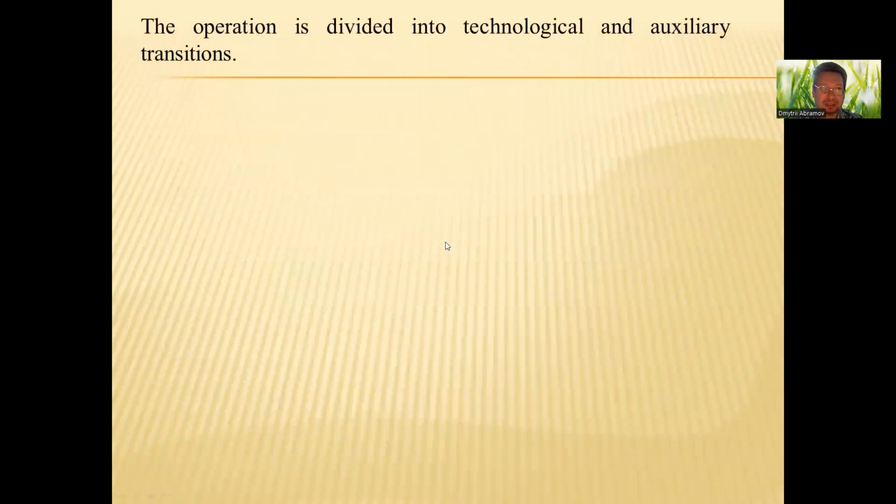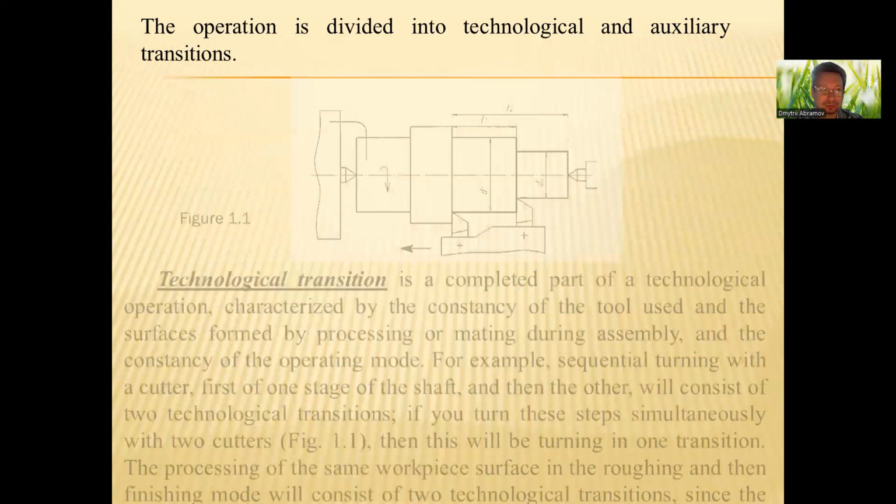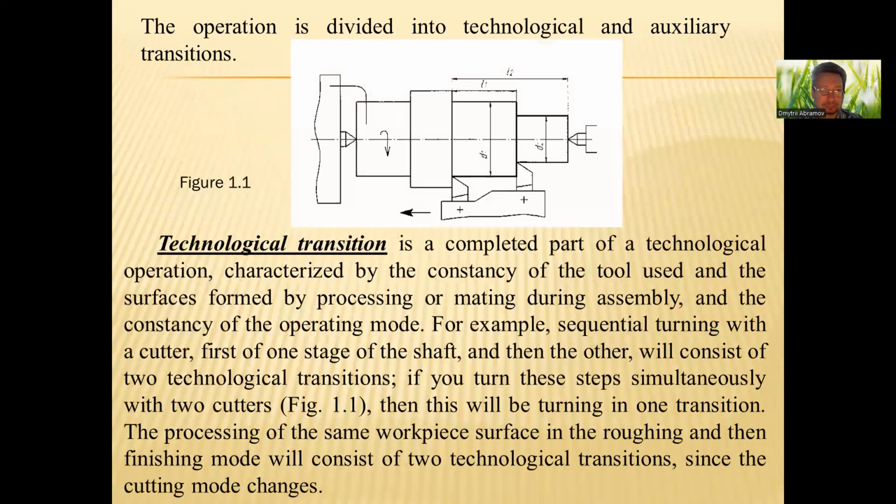The operation is divided into technological and auxiliary transitions. Technological transition is a completed part of a technological operation characterized by the constancy of the tool used and the surface formed by processing or mating during assembly and the constancy of the operation mode.